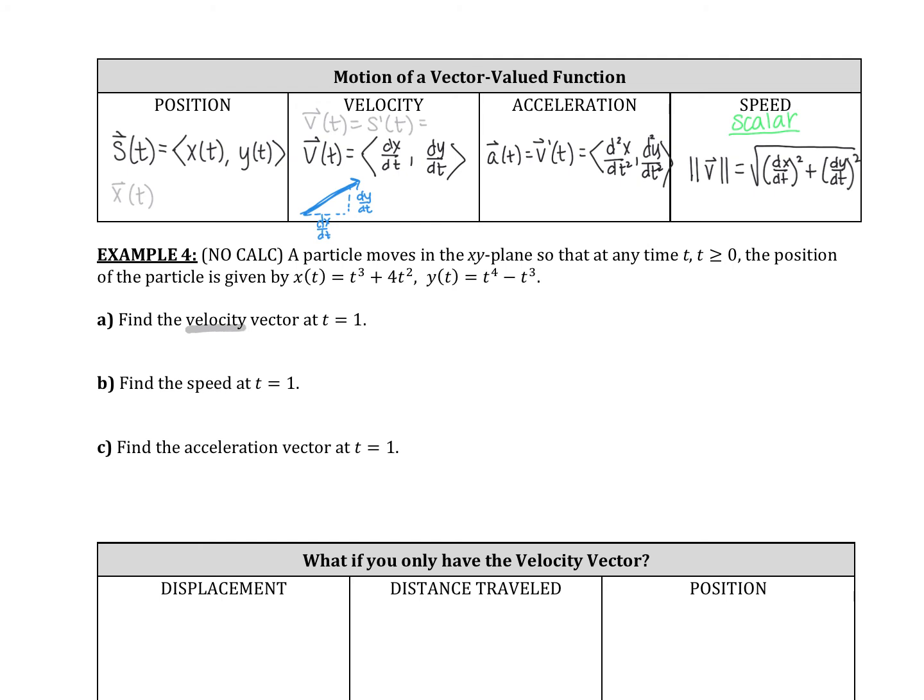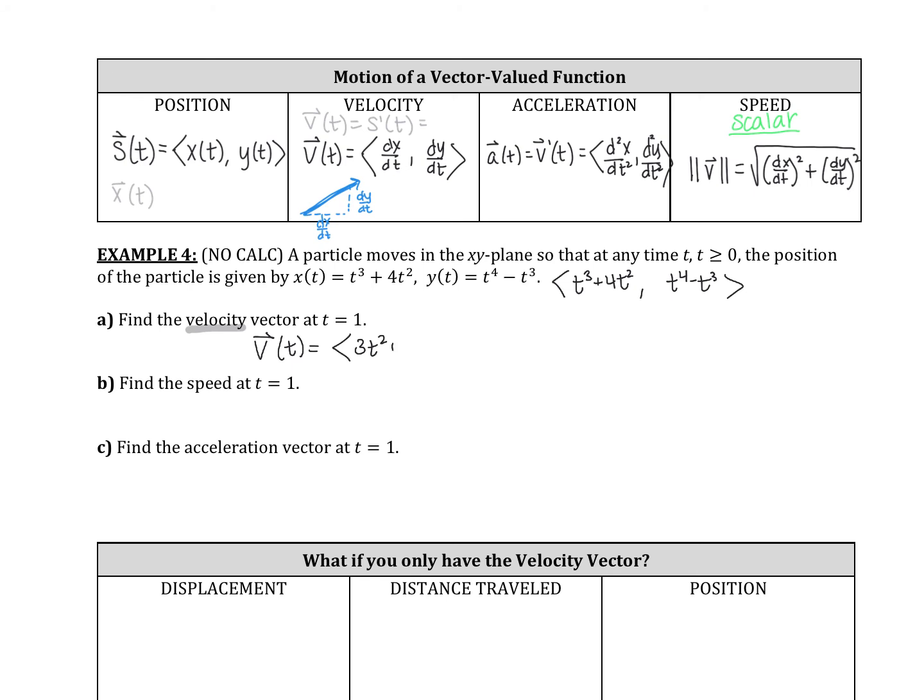So we know the velocity is really the derivative of the position. And we know the position was given by this x of t, y of t. Now maybe you want to look at it in vector notation, and that would be fine, or in the component form. And this would be your position vector. So when we go to talk about our velocity vector, I'm just going to take the derivative of each of those positions.